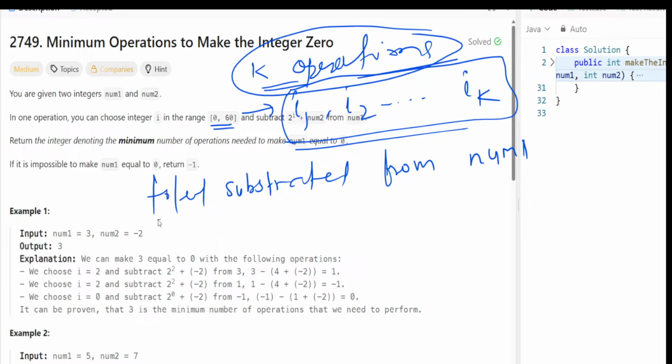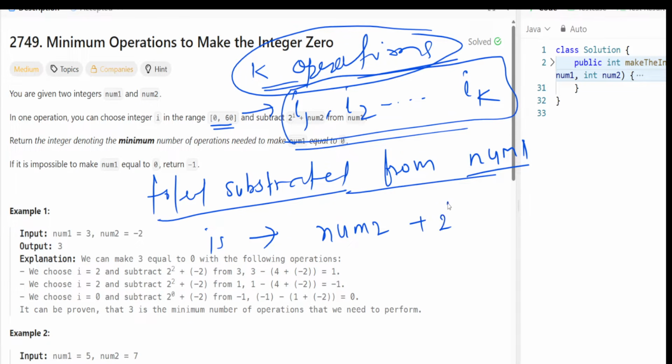So if we find the total subtracted from num1, it is num2 plus 2 to the power i1, because the indices start at i1. Similarly, we'll do plus for all the indices.